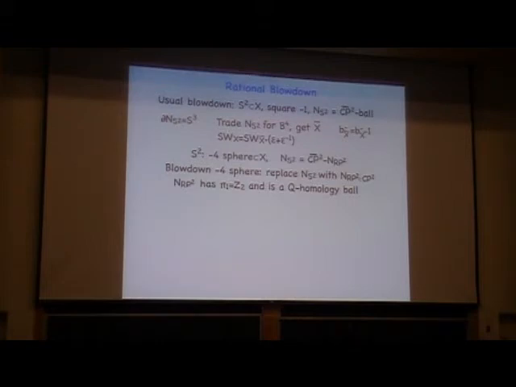And the way you can blow it down is by throwing it away and replacing it with the neighborhood of RP2 in CP2. That gets the orientation straight. RP2 is a rational homology ball with pi1 equal to Z2. So once again, by doing this, you lower B minus by 1 without changing the rational homology.